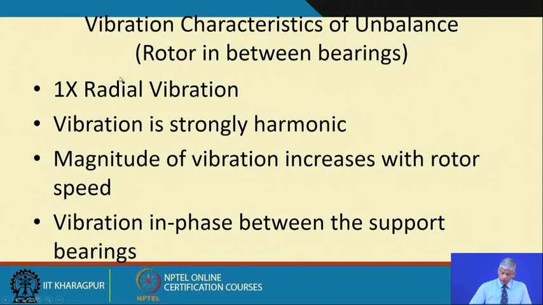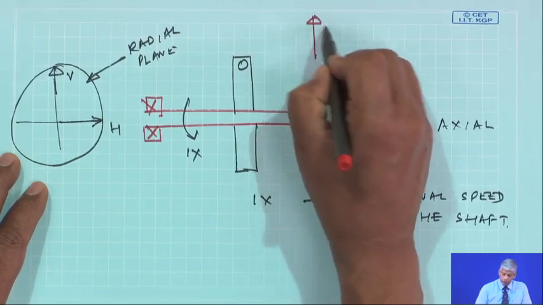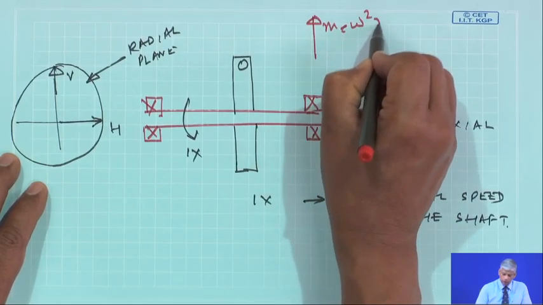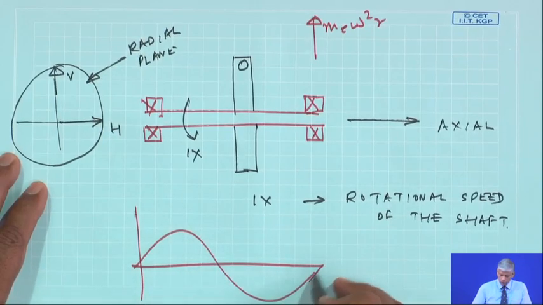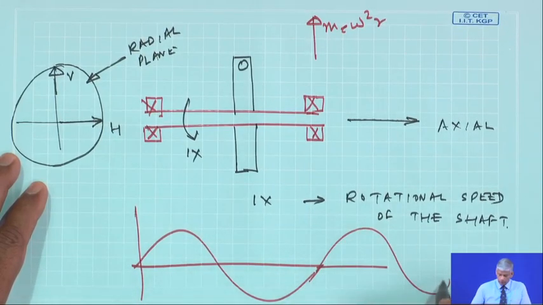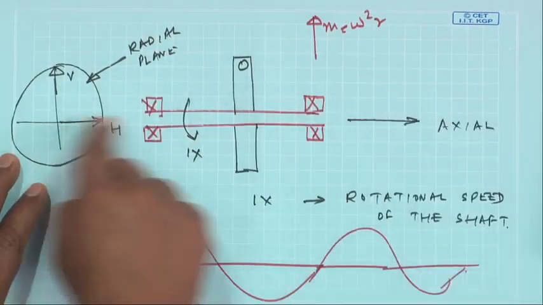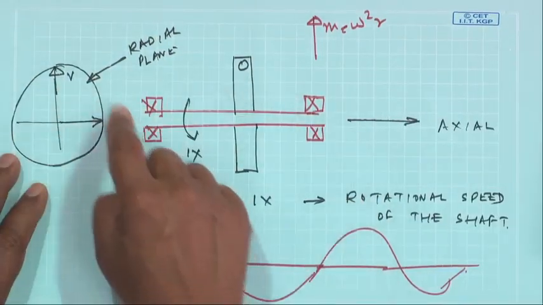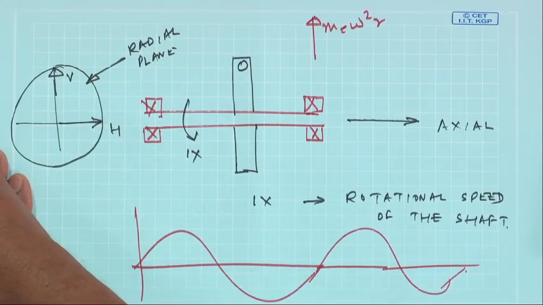So, this is an unbalance, this is rotating. So, I will have a force m e omega square r. This is nothing but a harmonic force, because it is rotating along with the speed. As opposed to vibration in the axial direction, it is more in the radial direction. So, for rotors between bearings, short rotors, I will have strong radial vibrations.